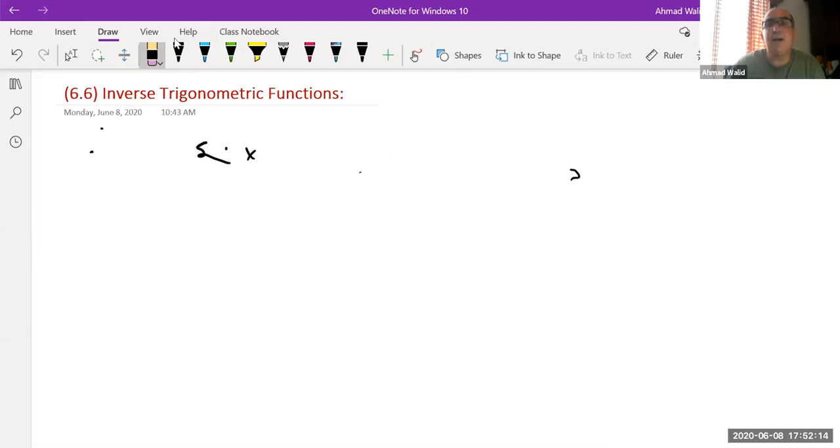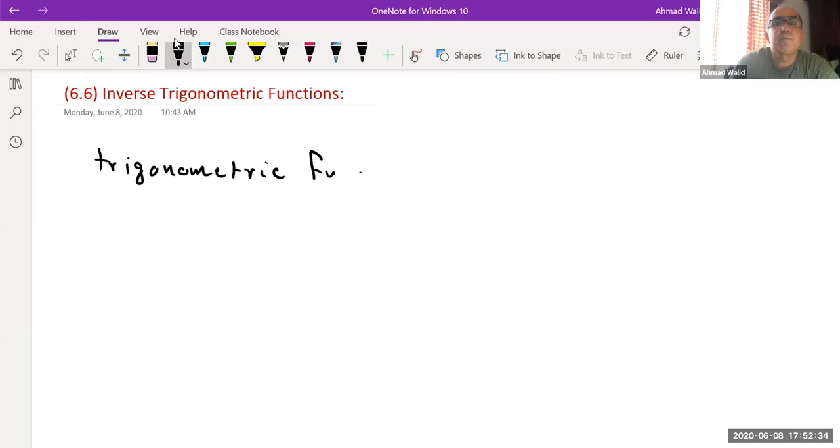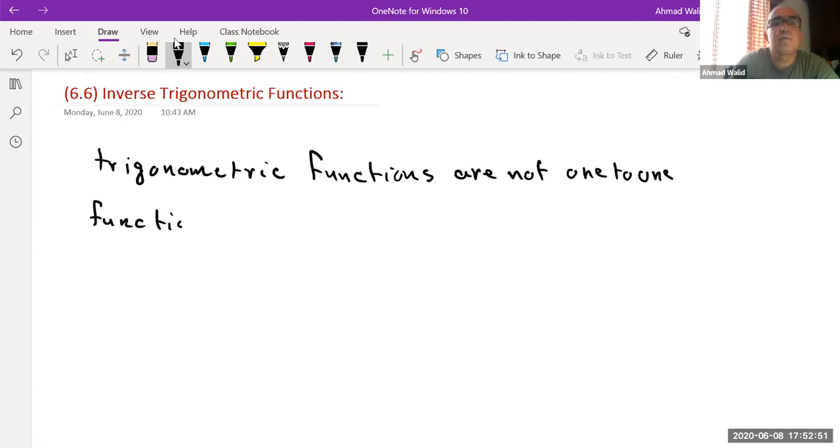Now, before doing that, let me write a few sentences here for you. Then I'll show how they become one-to-one functions. We can say trigonometric functions are not one-to-one functions, correct?